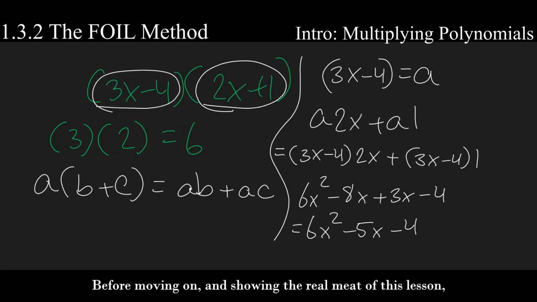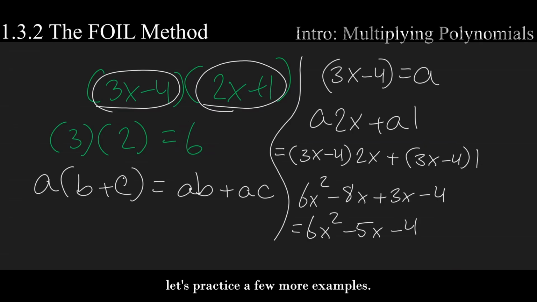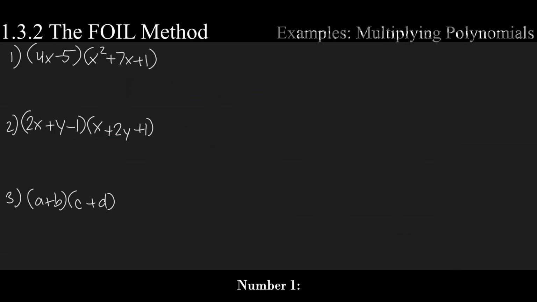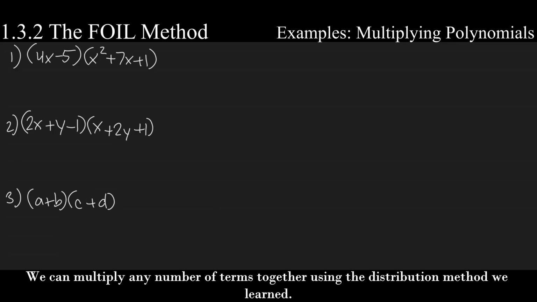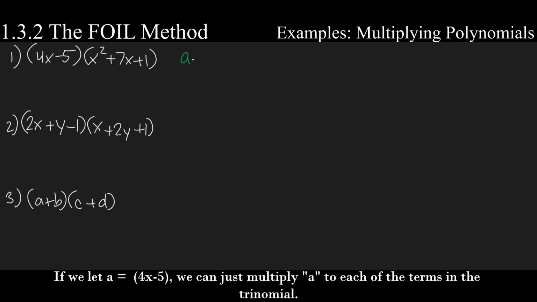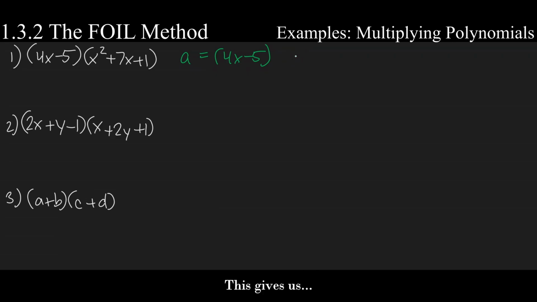Before moving on and showing the real meat of this lesson, let's practice a few more examples. Number 1, (4x minus 5) times (x squared plus 7x plus 1). Notice we have a binomial and a trinomial being multiplied. We can multiply any number of terms together using the distribution method we learned. If we let a equal 4x minus 5, we can just multiply the a to each of the terms in the trinomial. This gives us a times x squared plus a times 7x plus a times 1.